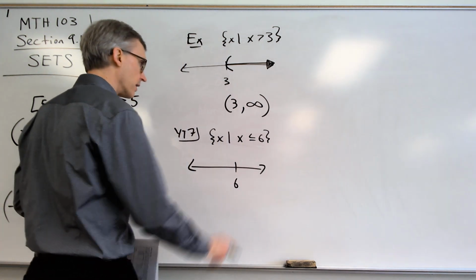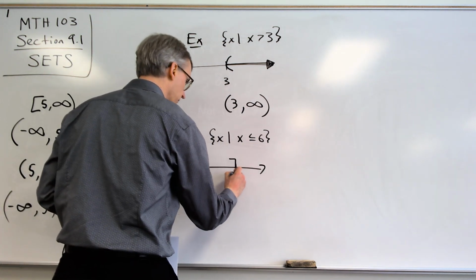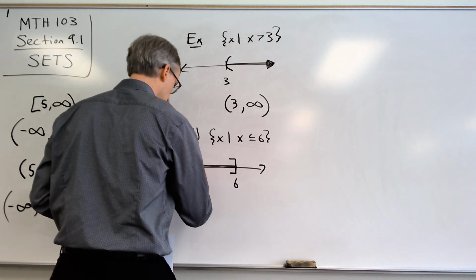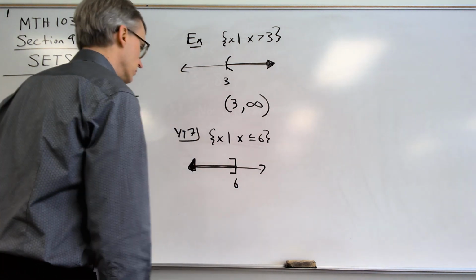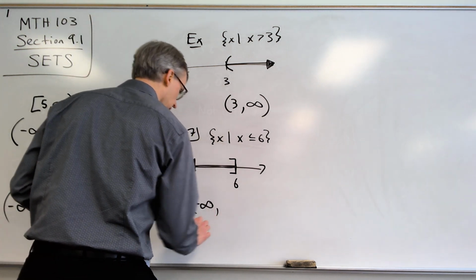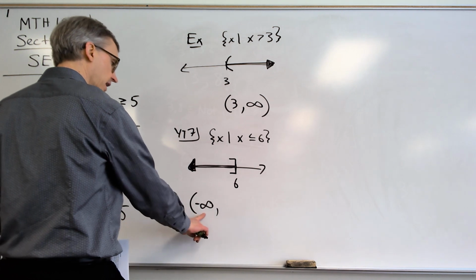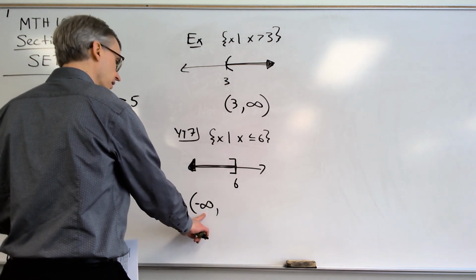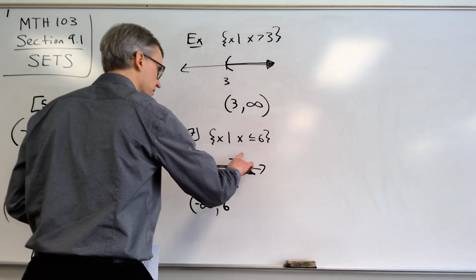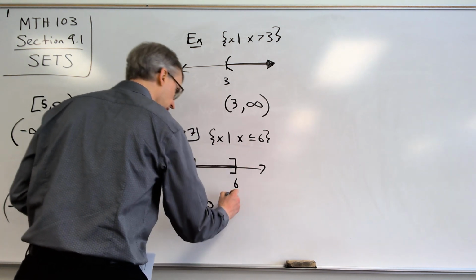There's our endpoint. It's less than or equal to, so that's a bracket. And less than means we're going to the left. So we're going to the left all the way to infinity, so that's negative infinity on the left in interval notation. And then a 6 on the right. And since it's less than or equal to, we got a bracket there and a bracket here.